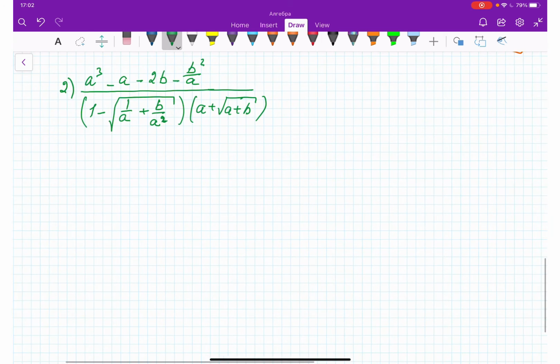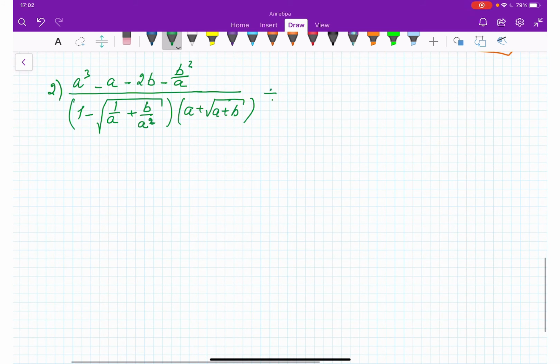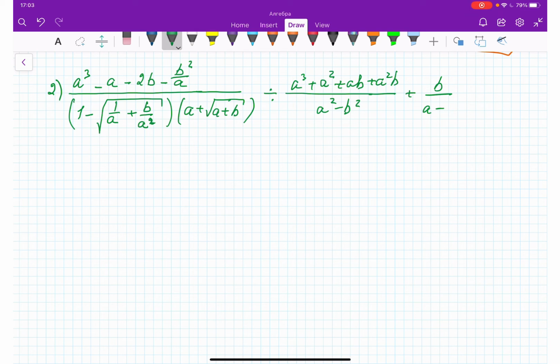And this is divided by a cubed plus a squared plus ab plus a squared b over a squared minus b squared, plus b over a minus b, parentheses.